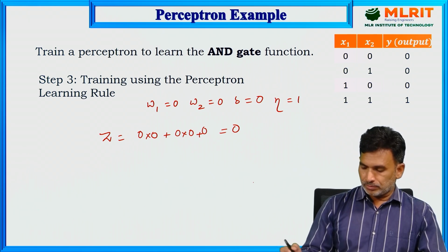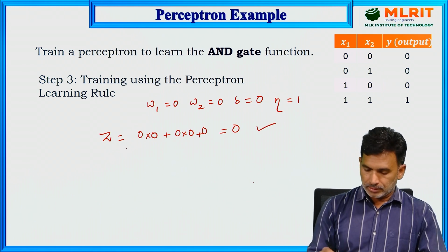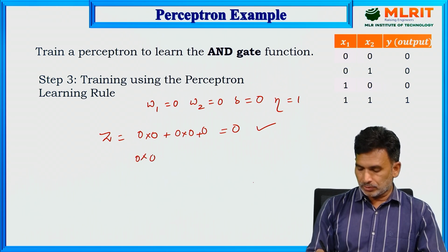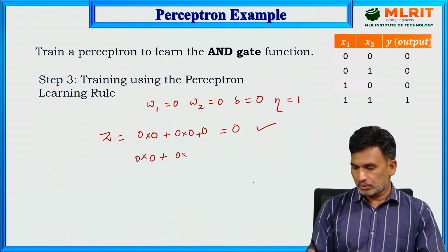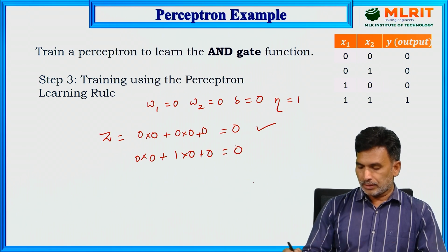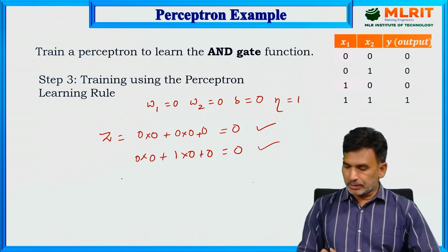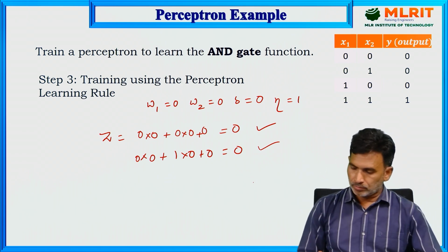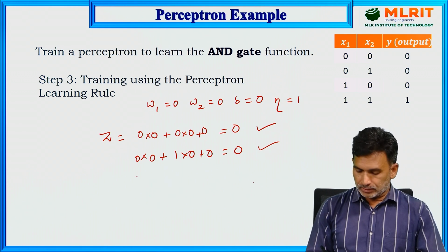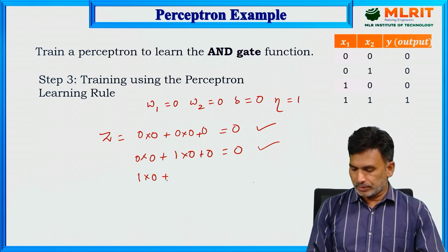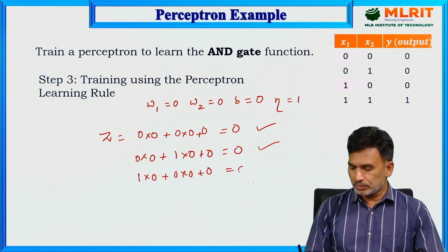So f of 0 is correctly predicted. And second instance, 0 times 0 plus 1 times 0 plus 0 equals 0, and here also 0, it is correctly predicted. And this is a case we need to check. For the third instance, 1 times 0 plus 0 times 0 plus 0 is equal to 0, it is correct.